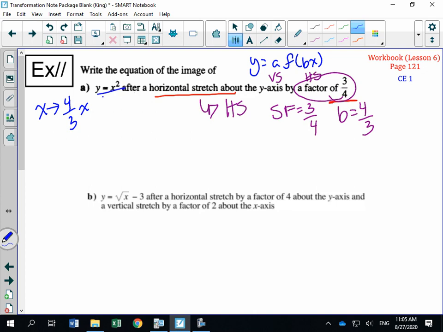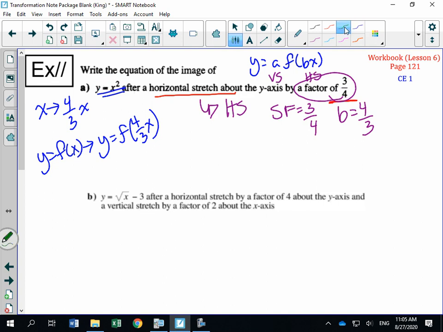So if I didn't give you the original equation, and it was just y is equal to f of x, that would be replaced with y is equal to f of 4/3x, right? That would be the replacement notation. So this is my b value of 4/3. The stretch factor is 3/4. But they're giving us what the function is.